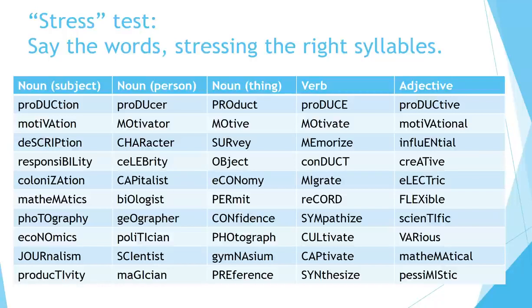Third column, product, motive, survey, object, economy, permit, confidence, photograph, gymnasium, preference. Column 4, produce, motivate, memorize, conduct, migrate, record, sympathize, cultivate, captivate, synthesize.